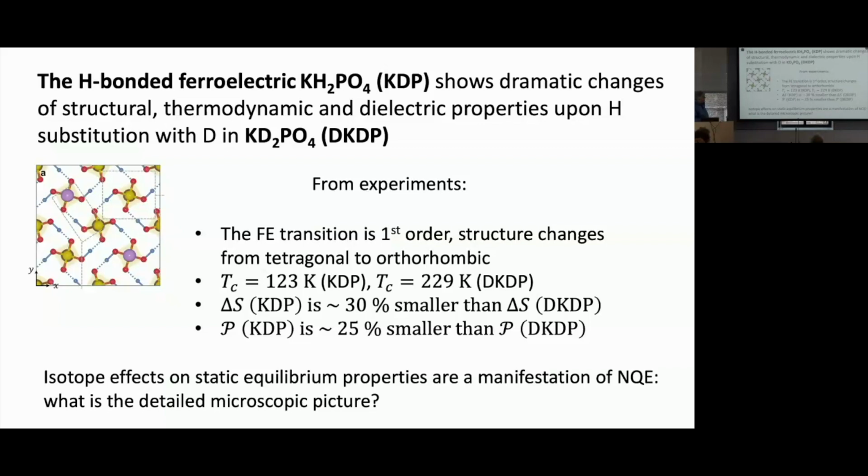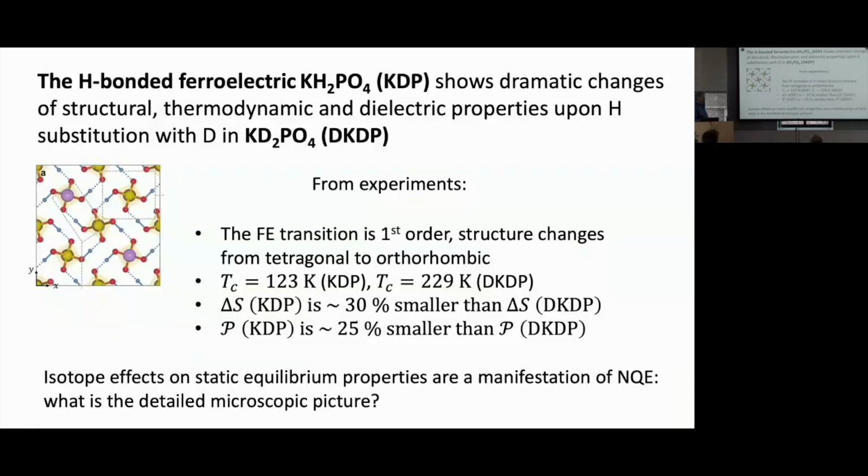And the system is characterized by a very large isotope effect in the properties. Namely, in KDP the transition temperature is 123 K, and more than 100 K higher in DKDP, at standard pressure in experiment.